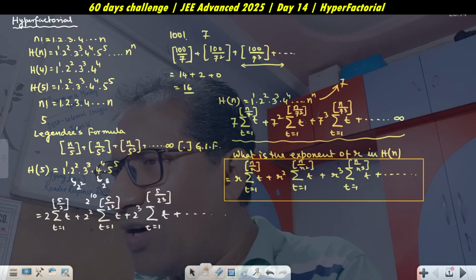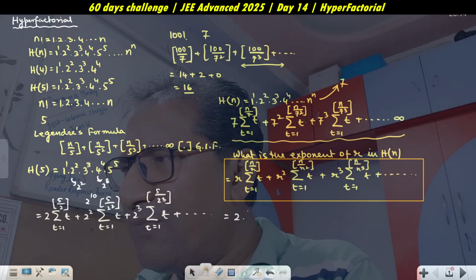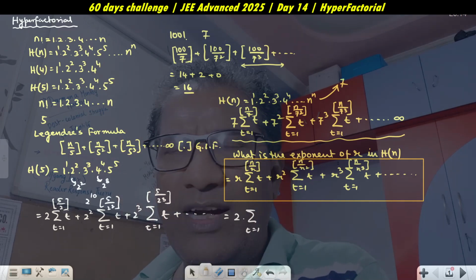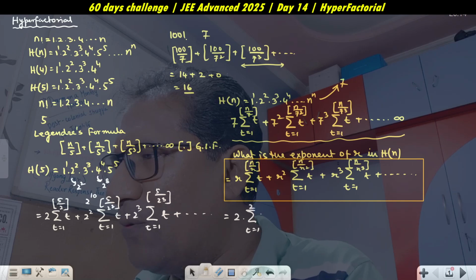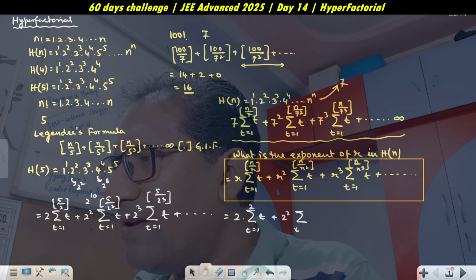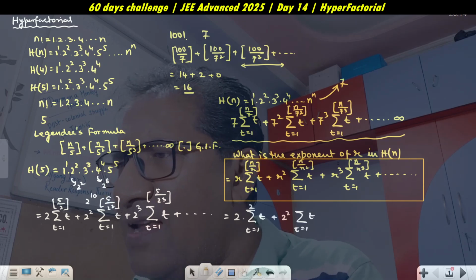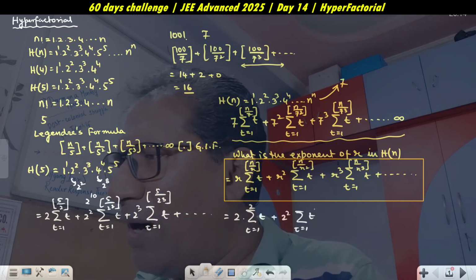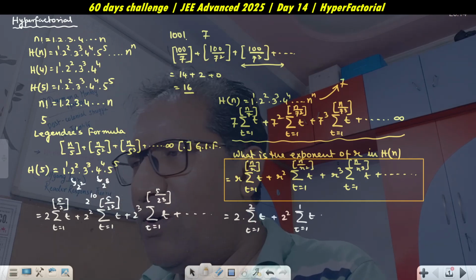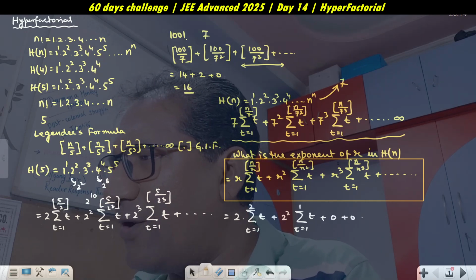So in this case we are going to have 2 times sigma t from 1 to 5 divided by 2, it is 2 point something, so it will be 2, t plus 2 square, t starts from 1 till 5 divided by 4, it is 1 point something, so it is coming to 1 only. The rest will come to 0.